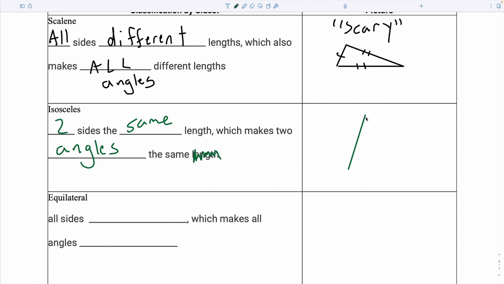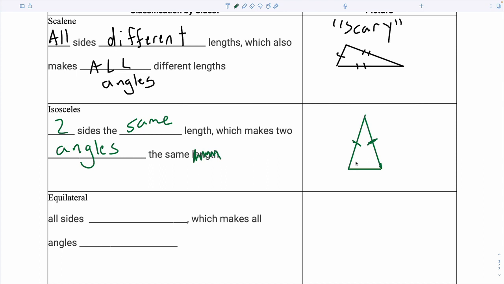Go ahead. Draw your triangle so it matches mine, sketch it out. These 2 top sides are the same. Make them look very similar. The bottom one is different. This one's much shorter than the others. Since the 2 are the same, put this 1 tally mark to notify it's the same.